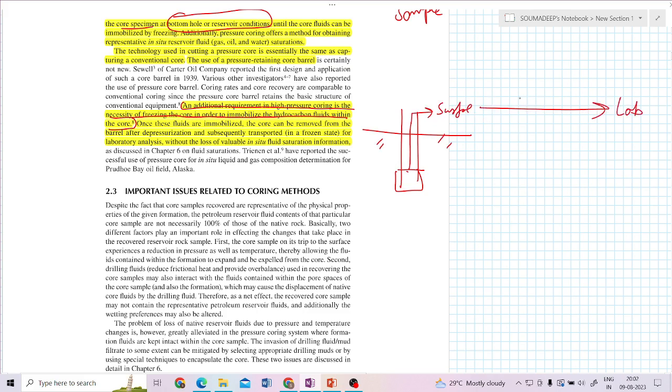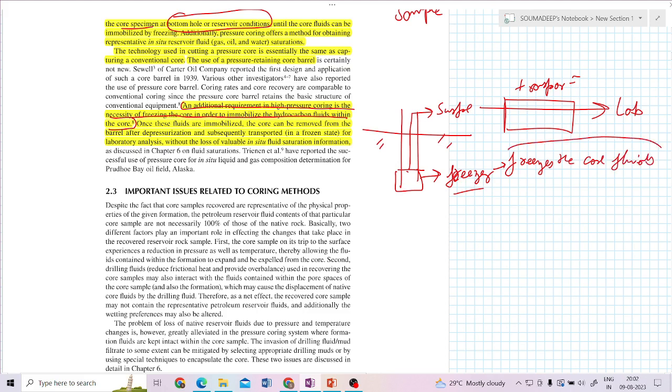In between, there will be transportation. We cannot take the whole barrel, so we use the pressure barrel, in which we also use a freezer, which freezes the core fluids. Now, what happens if it freezes? Fluids become immobile.